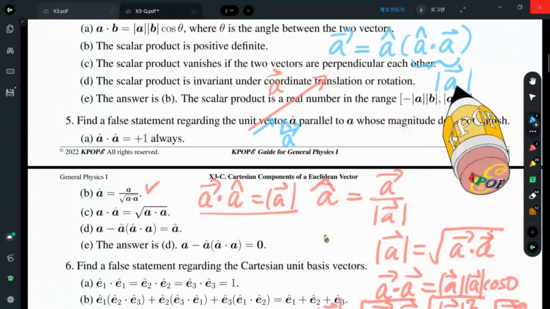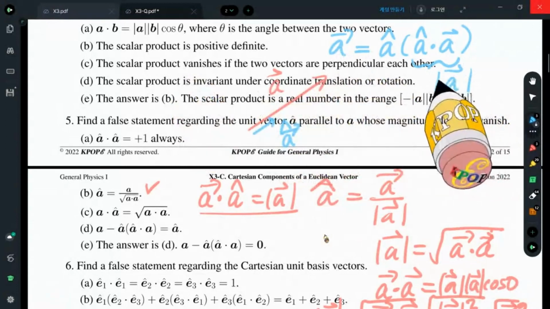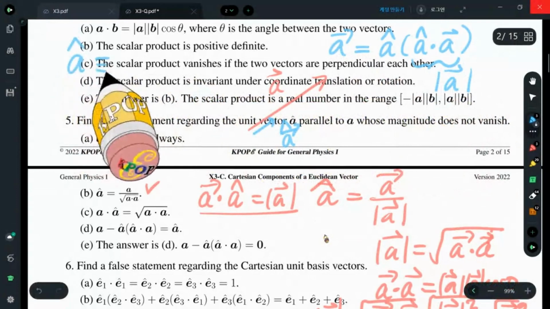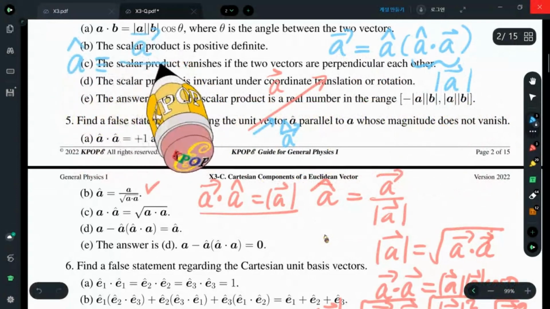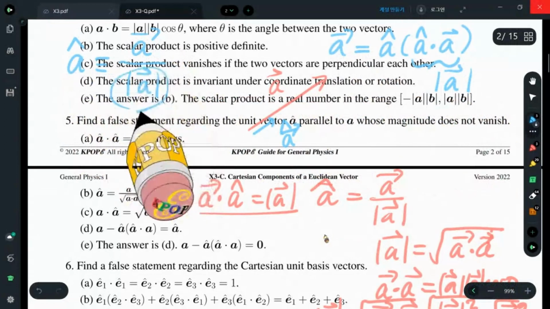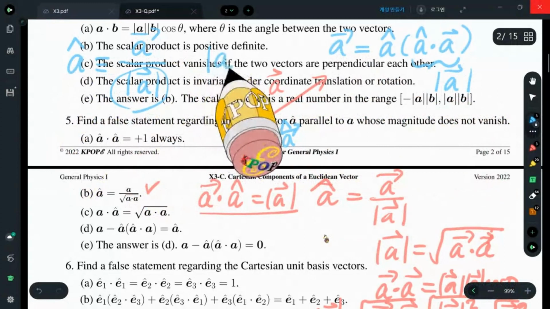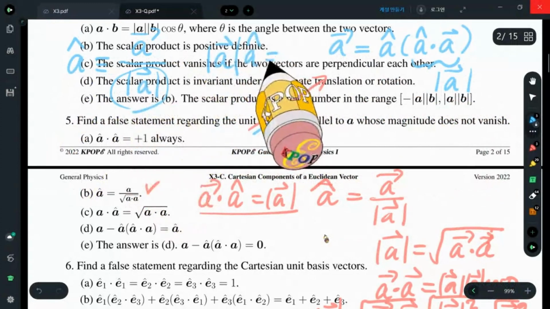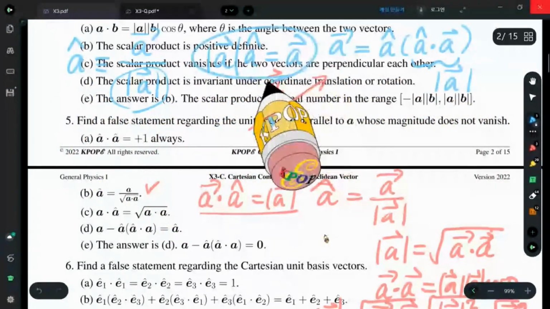The reason is that A hat is defined by A divided by its own magnitude. We multiply both sides, and we will find that the absolute value of A times A hat equals the A vector, right?